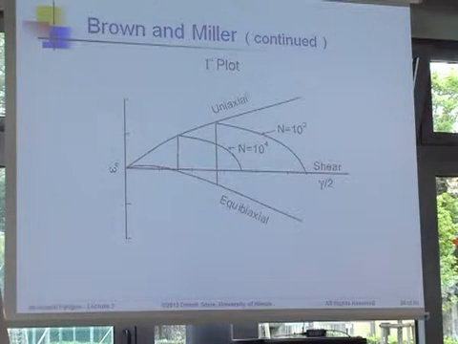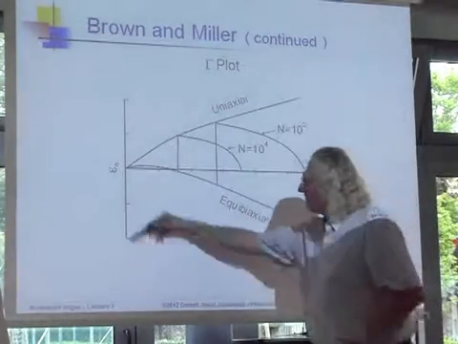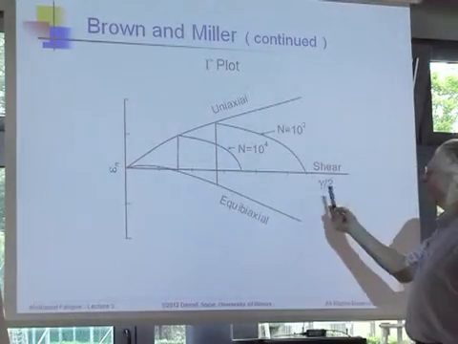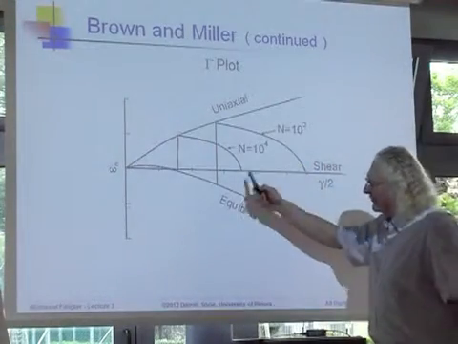Now, how many have seen a sigma plot? Good, no one. Yeah, this was a strange idea. They tried to revolutionize the way people looked at fatigue data. Not surprisingly, they were not successful, other than in a few of their own early papers. This is the normal strain, this is the shear strain, and these are constant life contours.